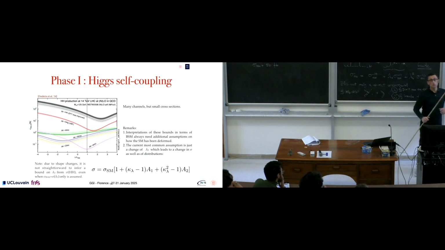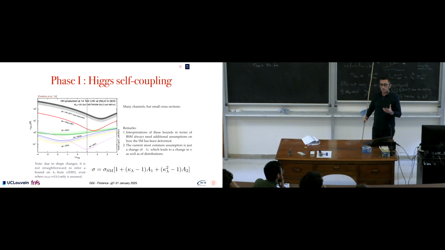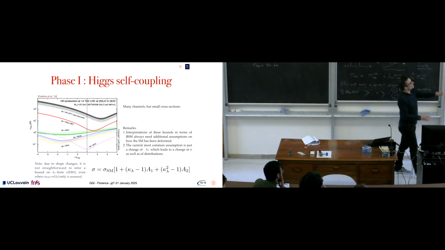So how much am I sensitive to variation of lambda? Well, it is the derivative, right, of these curves around the standard model. This is how sensitive I am. If it was flat, I'm not sensitive at all. I change lambda, and I measure always the same thing, right? So I cannot extract lambda. So the higher the slope of the curve, the better it is for my measurement.